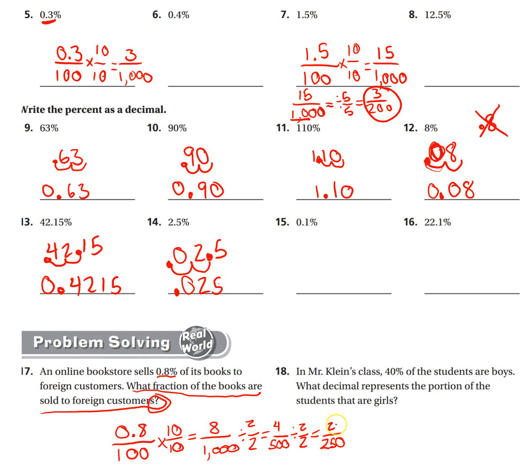Uh-oh, 2 can work again. Both end in a 0, 2, 4, 6, or 8. So I'm going to divide by 2 again. Now I get 1. And then half of 250 is 125. So my final answer here, 1 over 125. Oops, that's a 2.